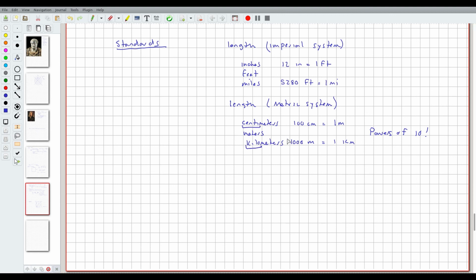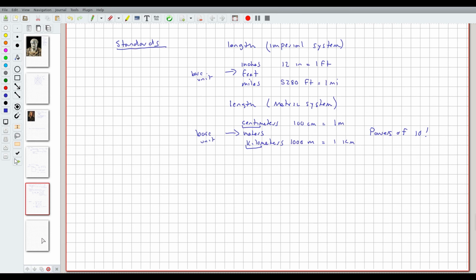Kilo, centi. This, by the way, is the base unit. So what this means here is that in order to get from centimeters or kilometers into meters, all I need to know is something down to a power of 10.